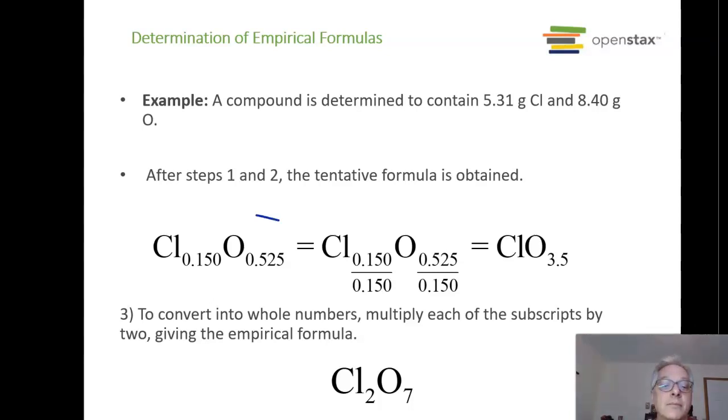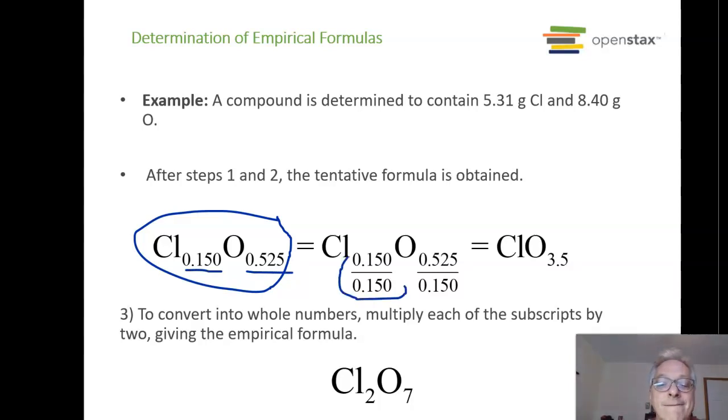You'd set up our little formula, divide through by the smallest number. In that case, it's 1.150, like they do right here. Okay, sorry about that. And then you get something where you get a fractional number here. It's ClO 3.5. So you're thinking, I must have done something wrong.